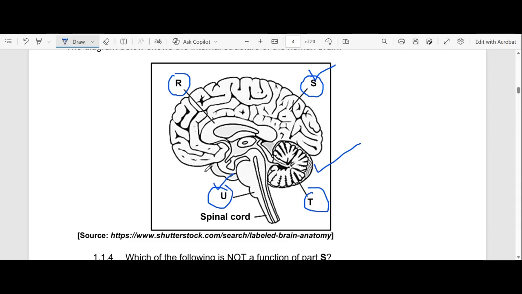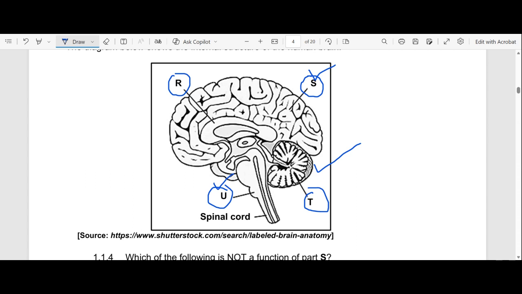Involuntary means that these are actions that you are not responsible for by will. Or let me put it another way. It means that you don't do them at will. They just happen by themselves.